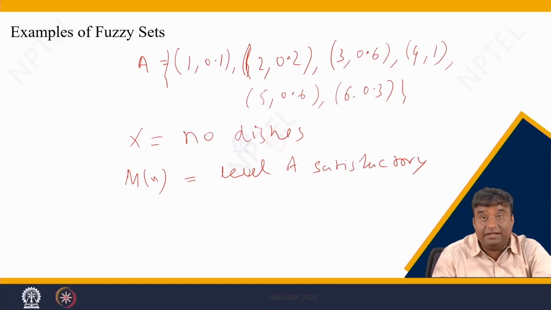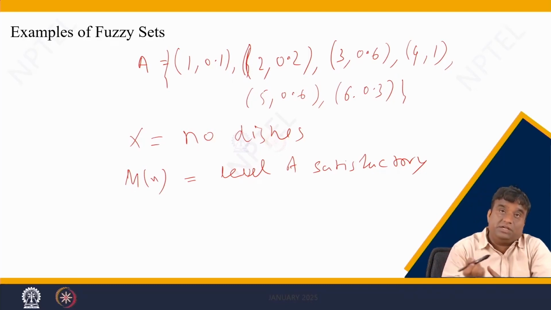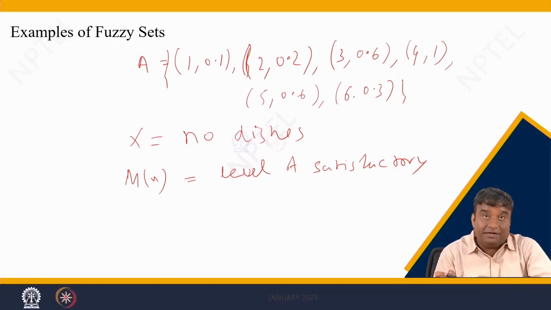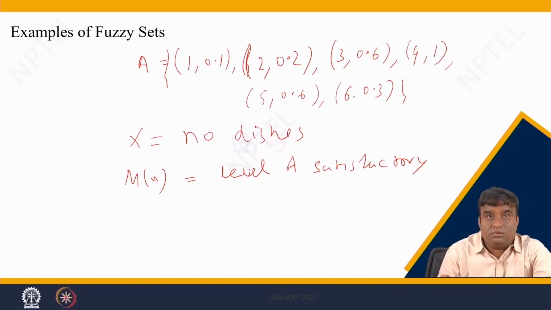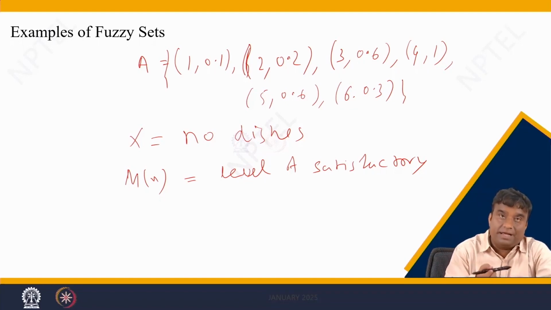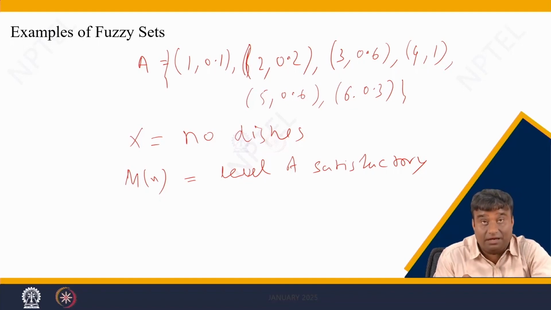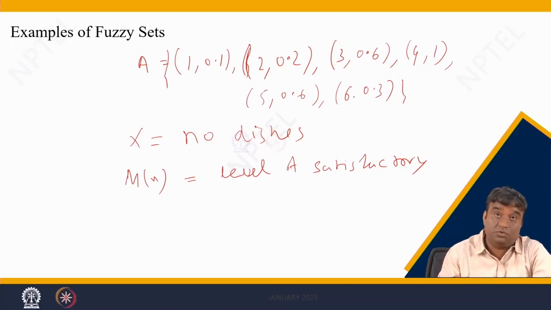A crisp set will not be able to define this, but by using a fuzzy set you can write it. So this is one example of a fuzzy set. There are many examples. In the last class I gave homework, so please continue to solve examples of fuzzy sets.